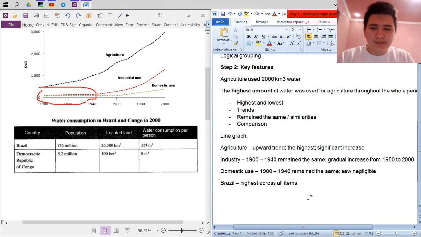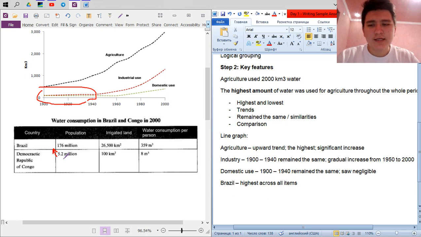Now, we need to also compare. So pay attention to the difference. The difference between this and that is, I don't know, let's divide 176 by 5 million. So it would be almost how much? I'm really bad at math, guys. So 5 goes into 17 three times.